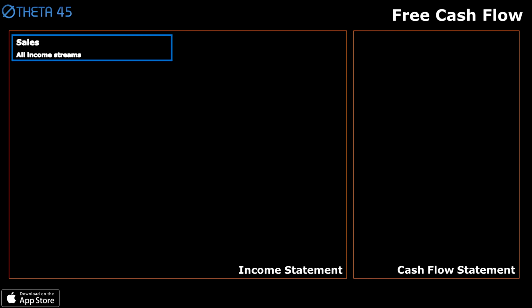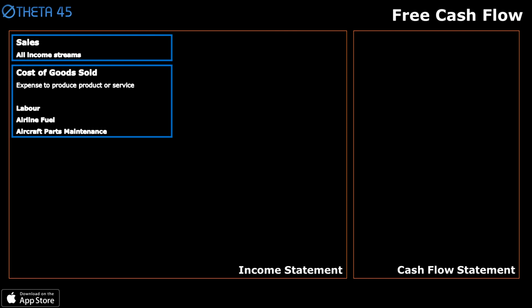Cash comes into a company in the form of sales. A healthy company will have increasing sales year on year. But the company has to spend cash to manufacture its products or to deliver its services. Taking an airline company as an example, these costs include labor, airline fuel, and aircraft maintenance.